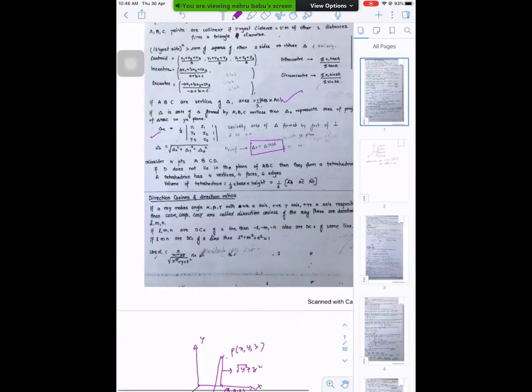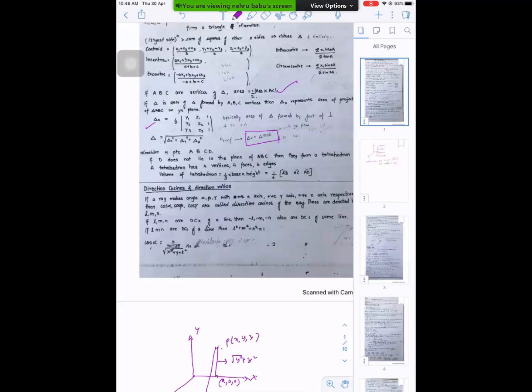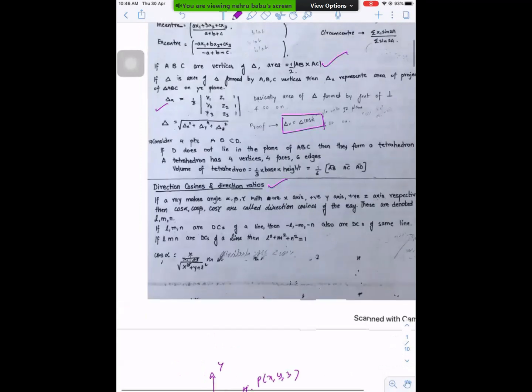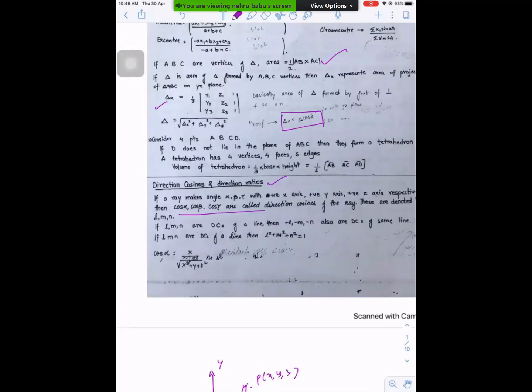And the same for the parallelepiped volume or the tetrahedron volume, if you want to find it, the vector method is the best. Even if they are giving coordinates and asking, you can solve it using vectors. Next thing is DCs and DRs. If a ray makes angles alpha, beta, gamma with the XYZ axes, then cos alpha, cos beta, cos gamma are called DCs, and we denote them with l, m, n.